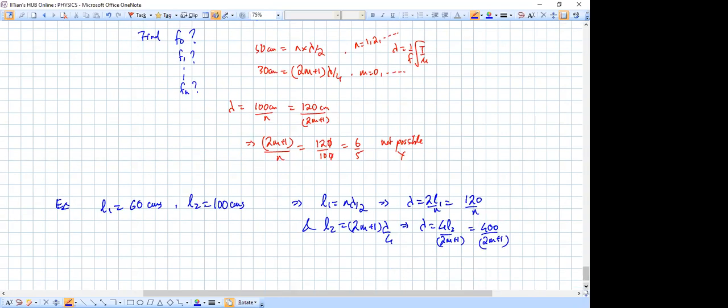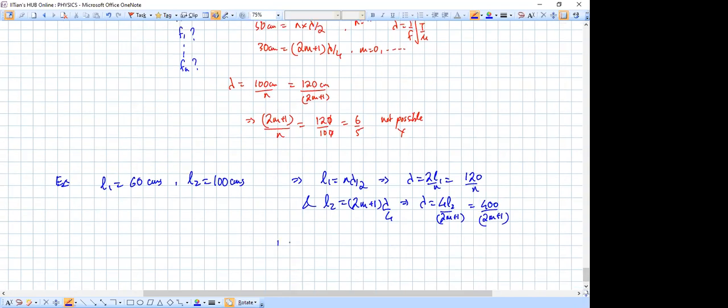Okay. So 120 by n should be equal to 400 by an odd number.